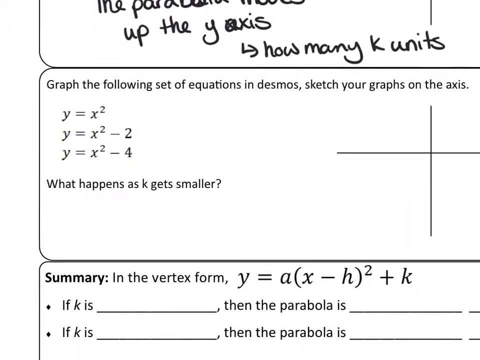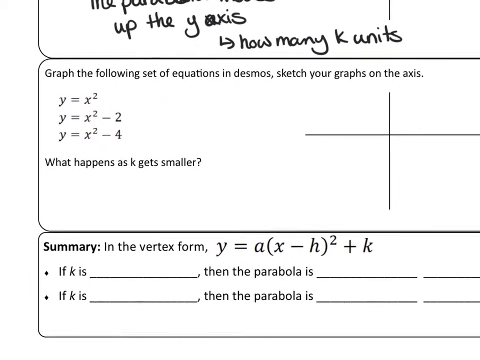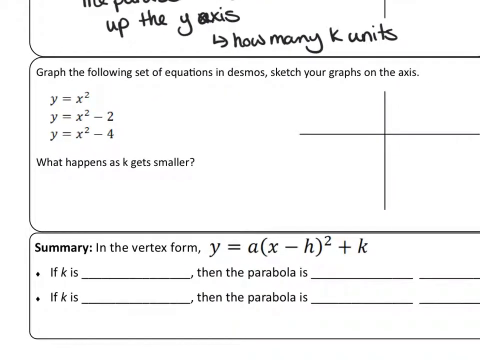If you did the second part, you would have noticed that the original looked like this, same as the last one. Your second one, the minus 2, probably looked like this, and the minus 4 looked like this, where this was minus 4 and this was at minus 2.